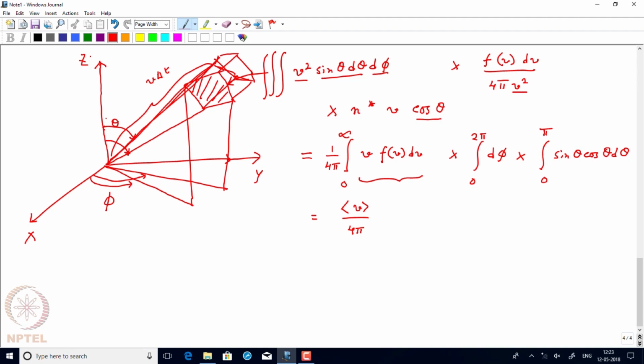We'll do it later. First we are considering the net downward flux, and for this we will integrate from 0 to pi by 2, because for a hemisphere, if you remember, my inclination angle will be just up to the xy plane. So the maximum angle is pi by 2, not pi.